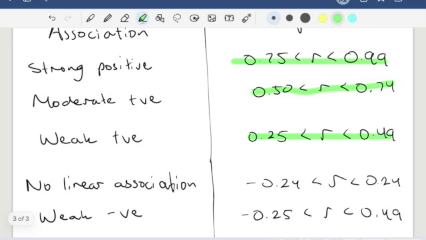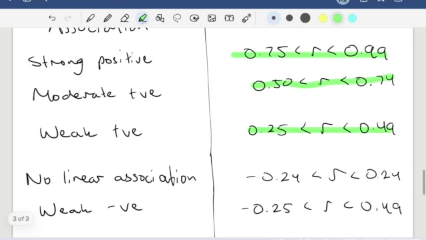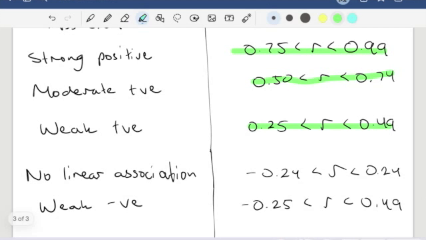So once we have a set of data values, we put them into our calculator, we can categorize them and answer questions when we get our R value back. This is a really quick way, instead of drawing the scatter plot and eyeballing it, we can quickly input this into our calculator and then make a judgment on whether this is going to be strong positive, moderate positive, weak positive, no linear association, or something in the negatives as well.